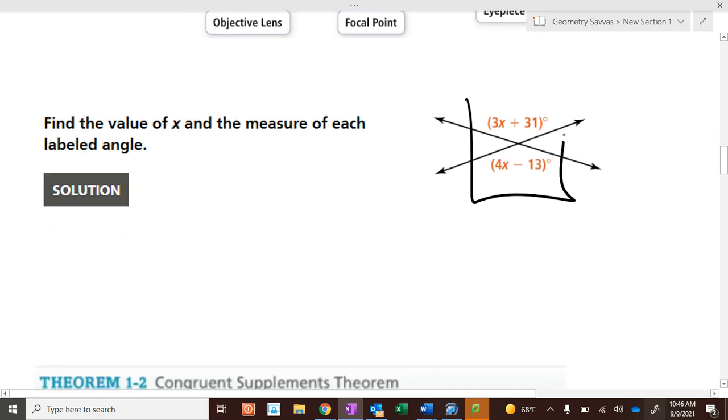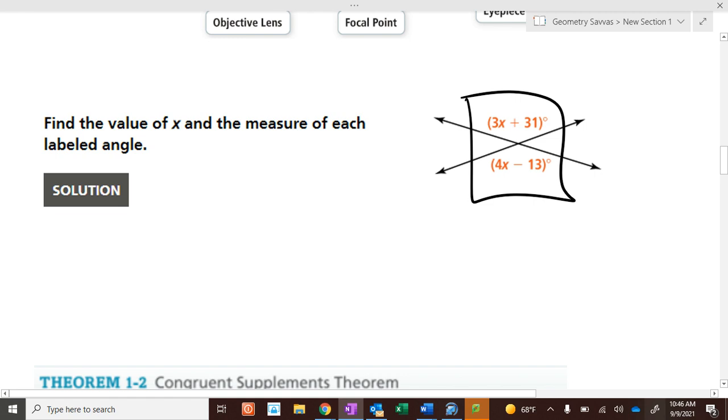So how would we figure out x here? What would we do with those two expressions? What would you do with the two expressions to figure out what x is? Cambry, what do you think we'd do? No idea.